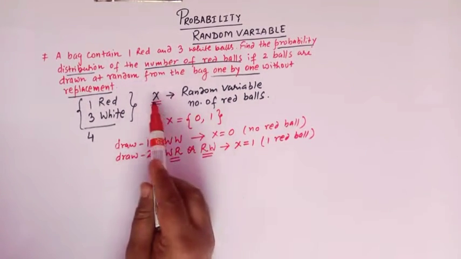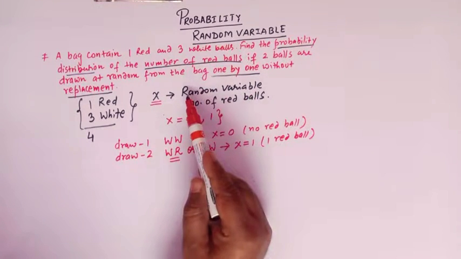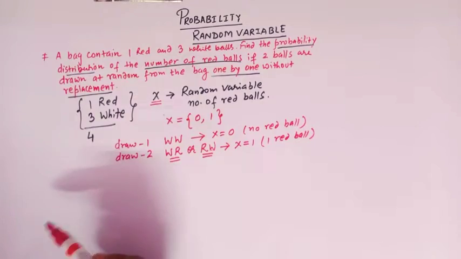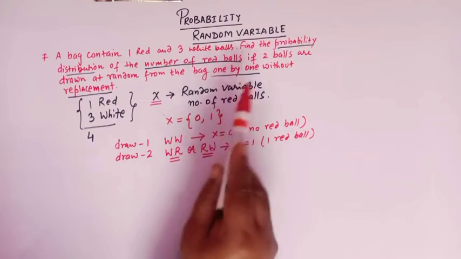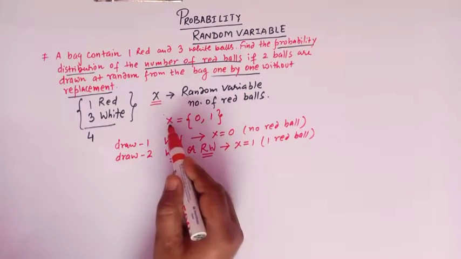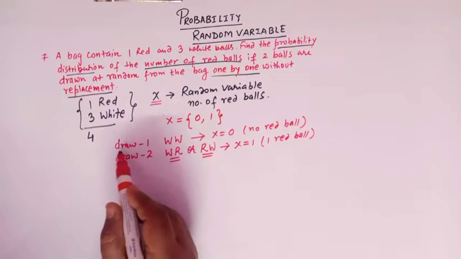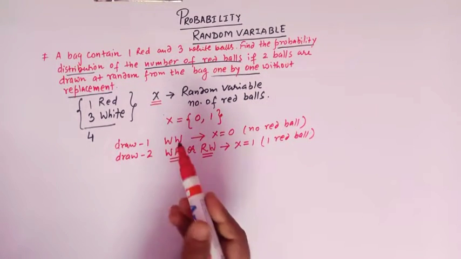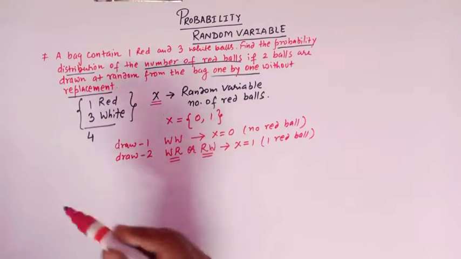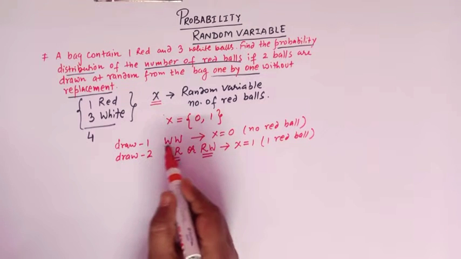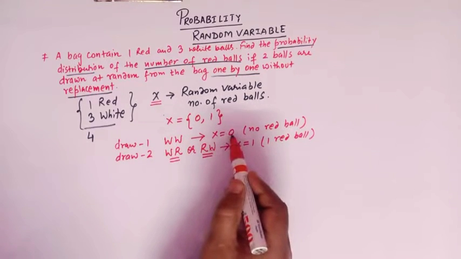So viewers, here we have denoted x as the random variable which denotes the number of red balls, right? So when we are drawing two balls randomly from the bag one by one without replacement, x can take values either 0 or 1. Why 0? Because when we draw two balls one by one without replacement, it may happen that we have both the white balls, right? So this is x equal to 0.